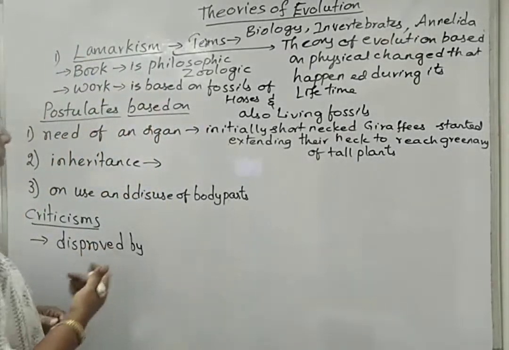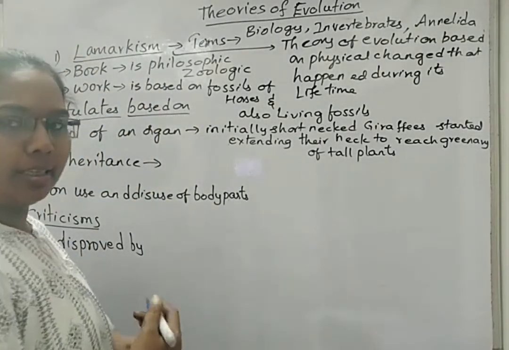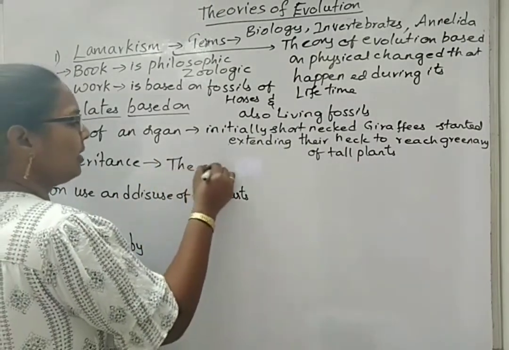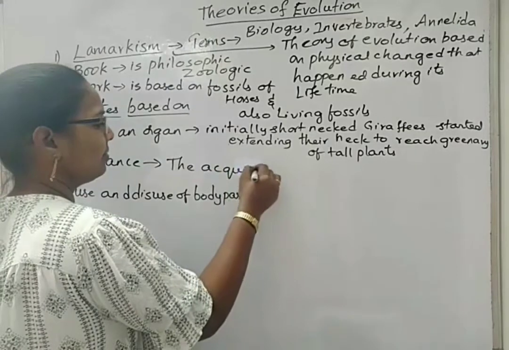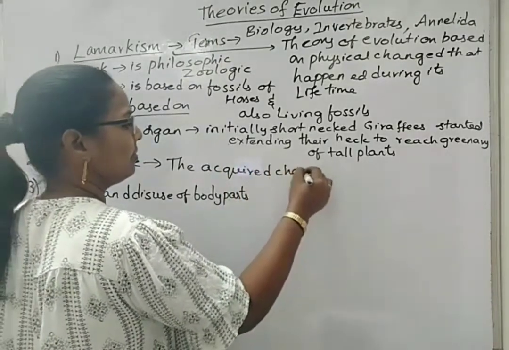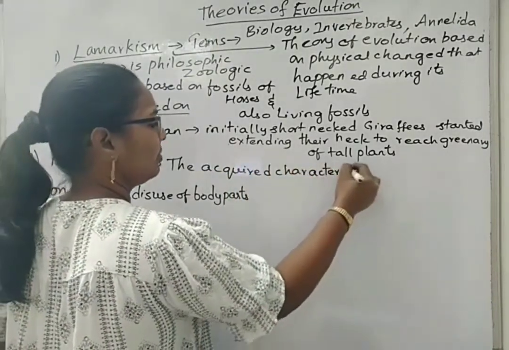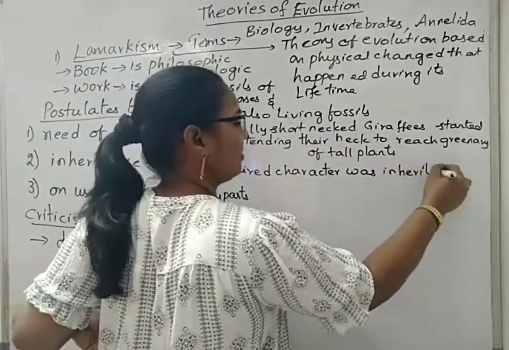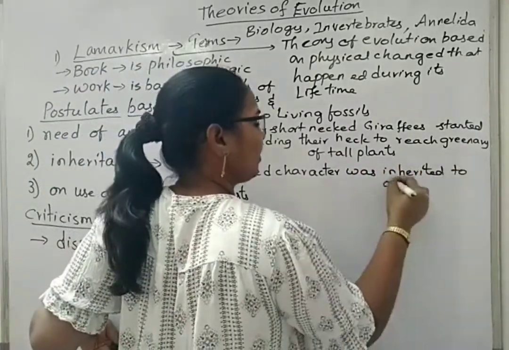That is another postulate, or the second law, given by Lamarckism: the acquired character was inherited to offspring.